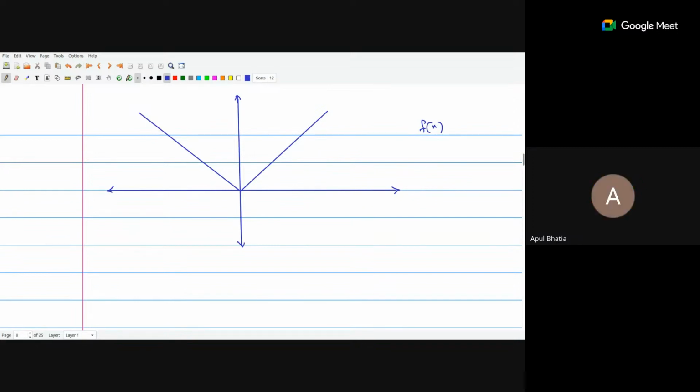Yes. It will be x when x is greater than 0, minus x when x is less than 0, and 0 at x equals 0. This is a continuous function, there are no breaks at all, and it is differentiable at every point except at x equals 0.